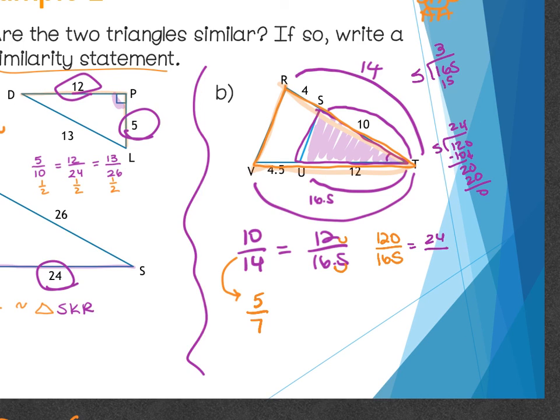That's 33. Is there a number that goes into both 24 and 33? 3. How many times does it go into 24? 8. And 33? 11. Is that as reduced as it gets? Yeah, so is this the same as that? No, these are not similar.